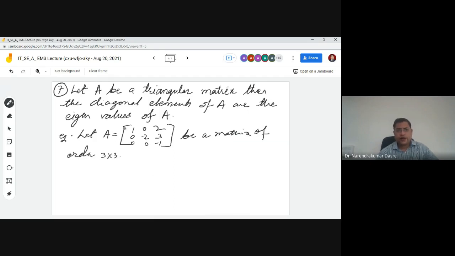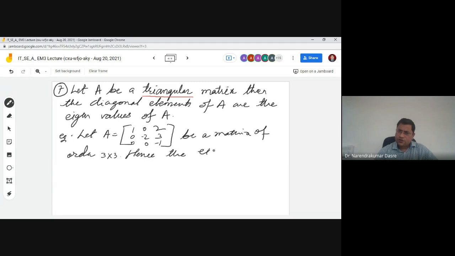Our requirement is only a triangular matrix, whether upper or lower, and that is sufficient.